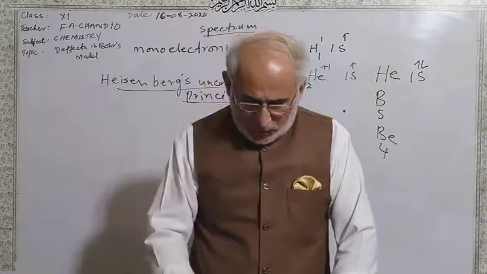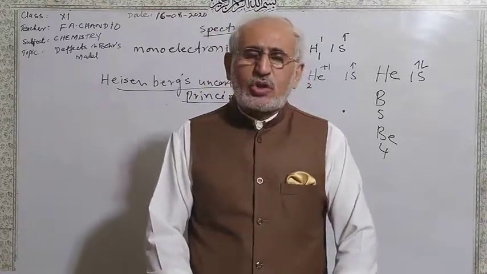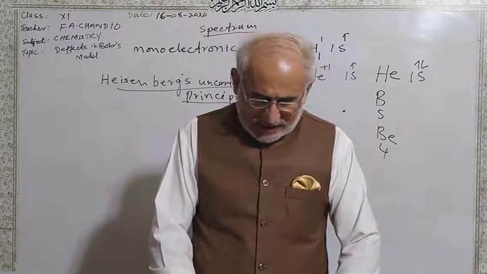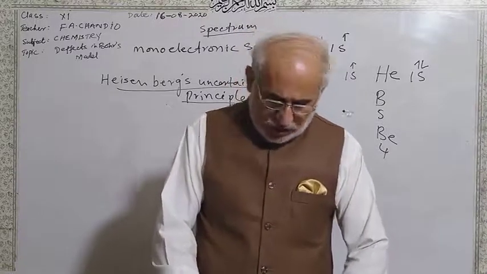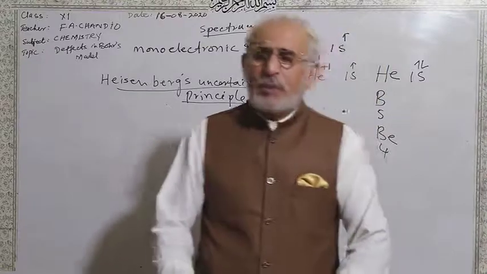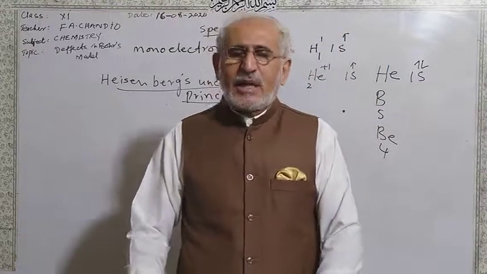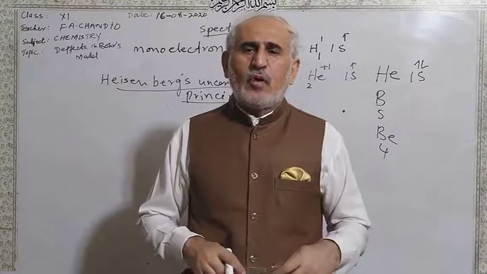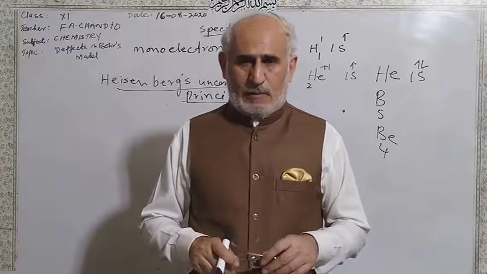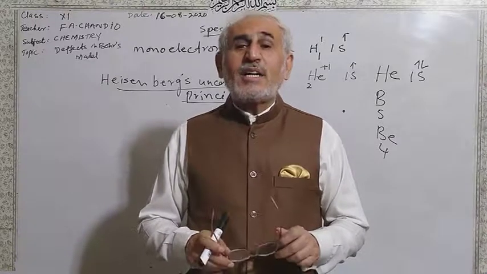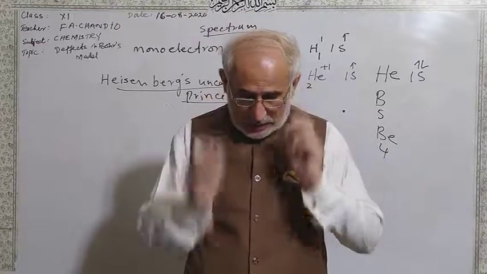The actual wording in your book is that both the exact position and velocity of the electron cannot be measured exactly if electrons are revolving in three dimensions. This is called the uncertainty principle.